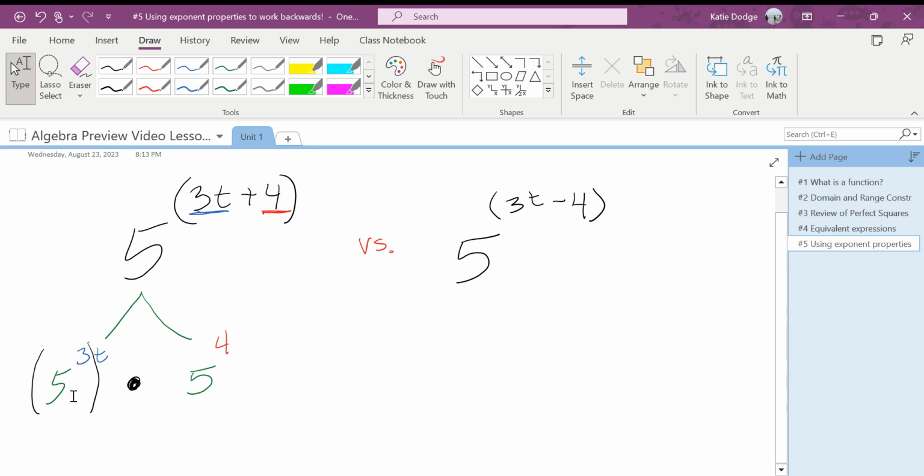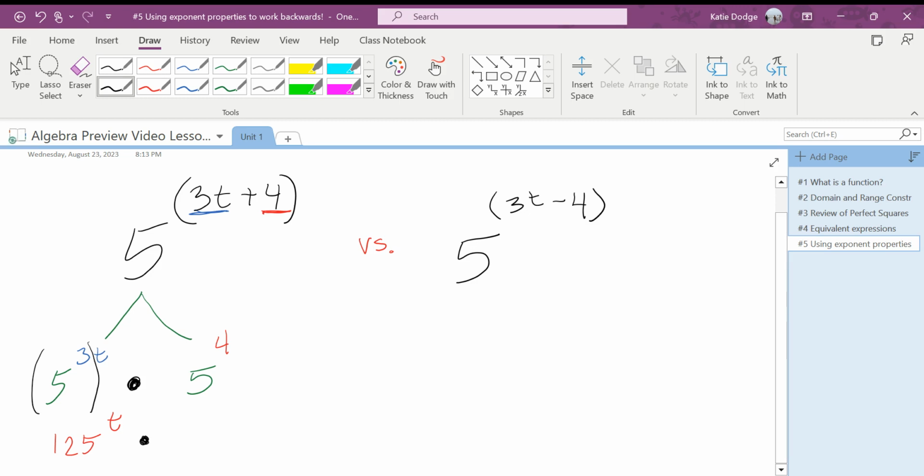So we can calculate 5 to the third is 125, because 5 times 5 is 25, and 25 times 5 again is 125. So I'm left with 125 to the power of t. Bring down our multiplication sign. And then I have 5 to the fourth.